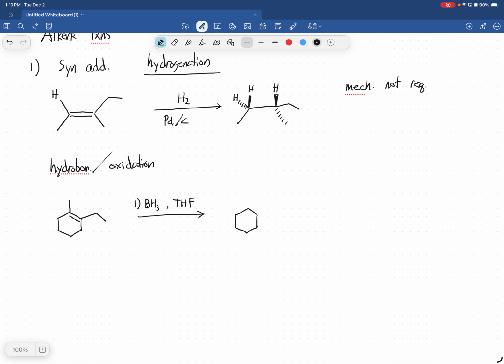All right, hold on. Let me just pass back a few things here. Guys, think about how would this look like in a syn addition? Think about that. Just draw one enantiomer, stereoisomer, and think about how it looks as a syn addition.